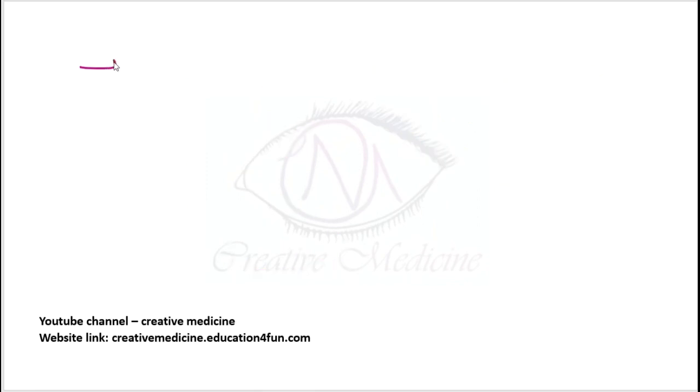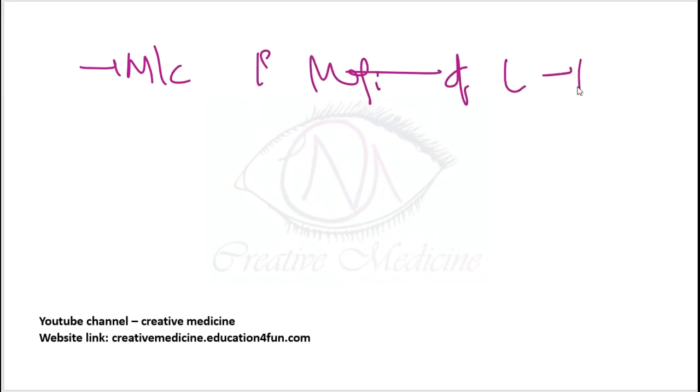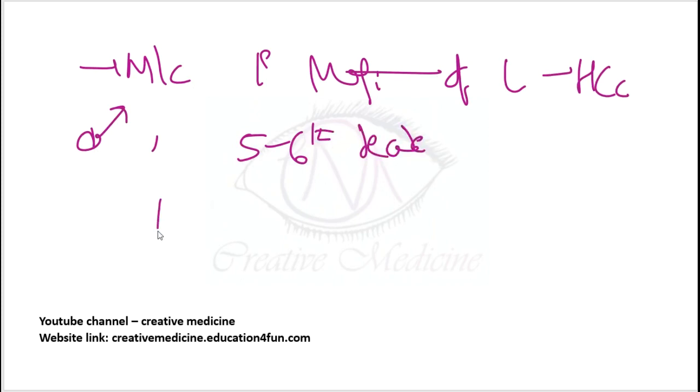Then the most common primary malignancy of the liver is hepatocellular carcinoma. It is most commonly seen in males of the 5th to 6th decade. The most common cause of hepatocellular carcinoma is hepatitis B virus.